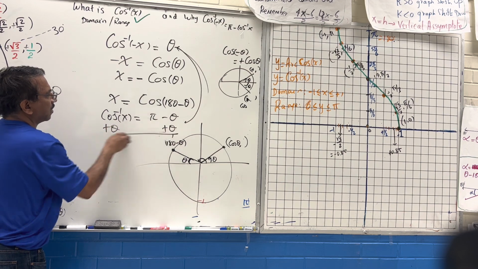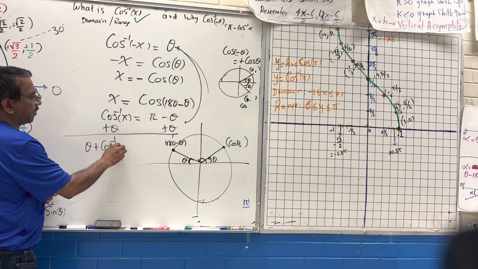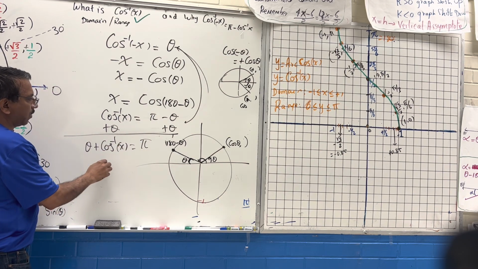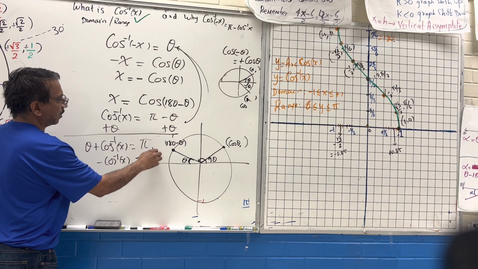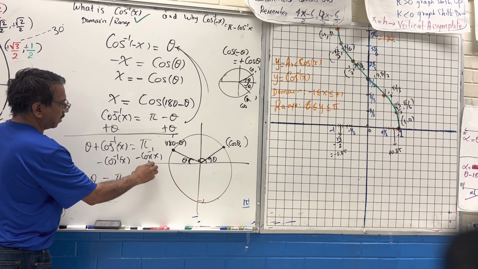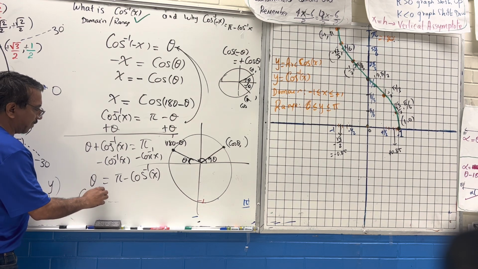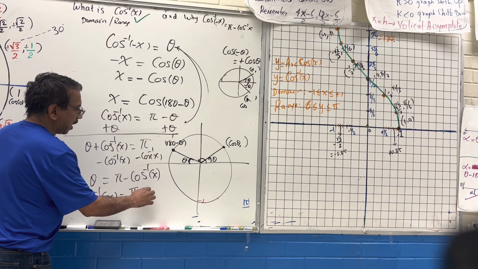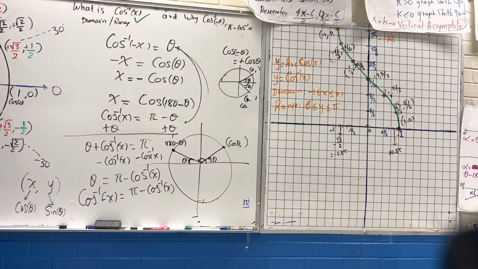So theta plus cosine inverse of x equals pi, and then you subtract cosine inverse x from both sides. You get theta equals pi minus cosine inverse x. So what we learn is, if there is a minus x this way, it's always going to be pi minus cosine inverse of x. Hope that helps.